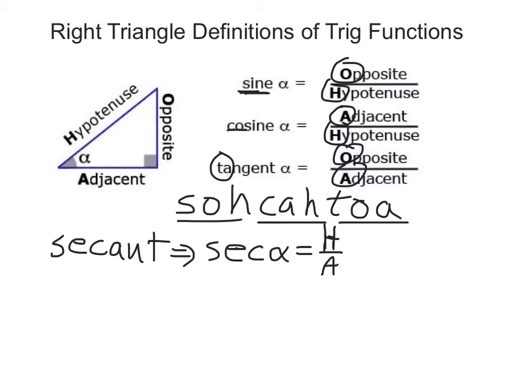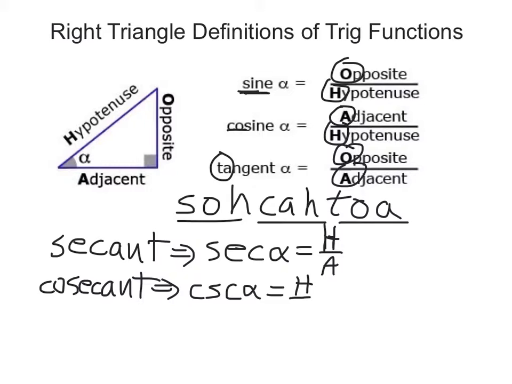Now, there are other ways. I don't think about it in this way, but I'll show you the little shortcut here in a bit. But that's your secant. Cosecant, which is your csc, would be defined as the hypotenuse over the opposite, and then the cotangent.